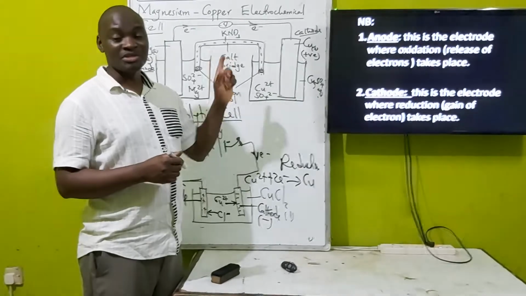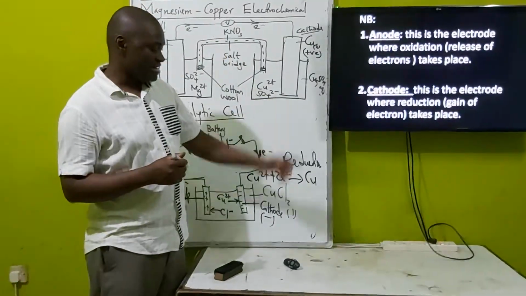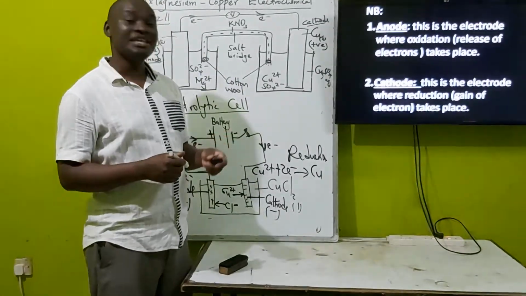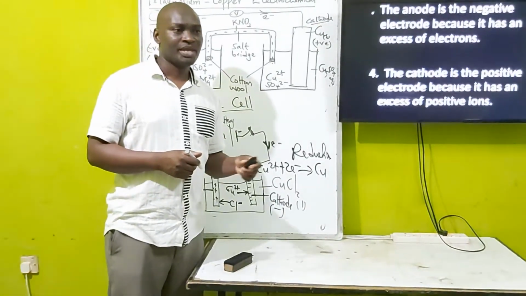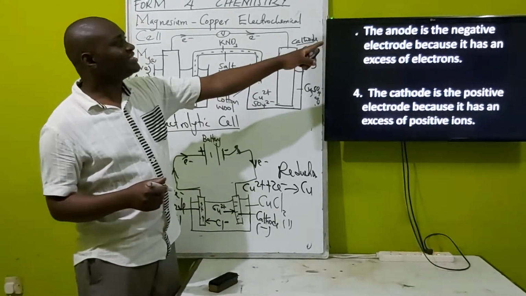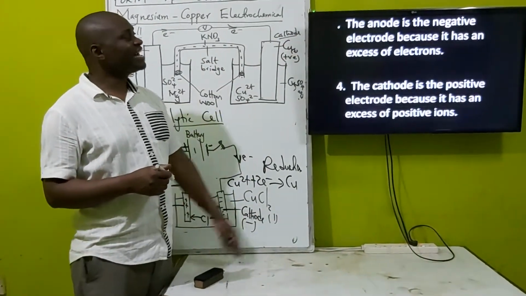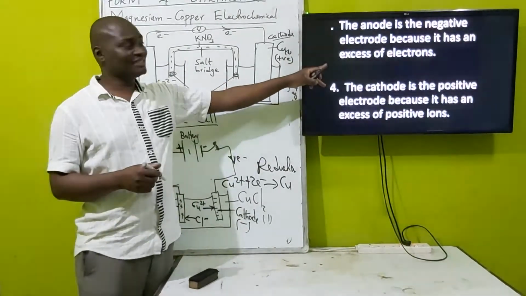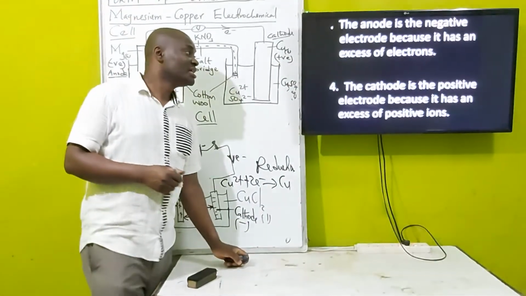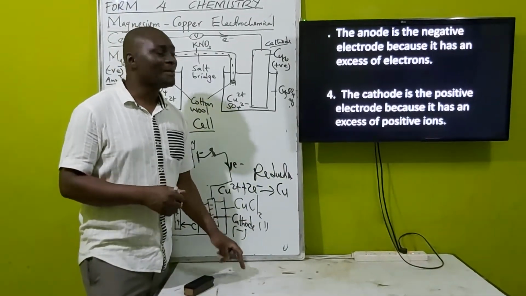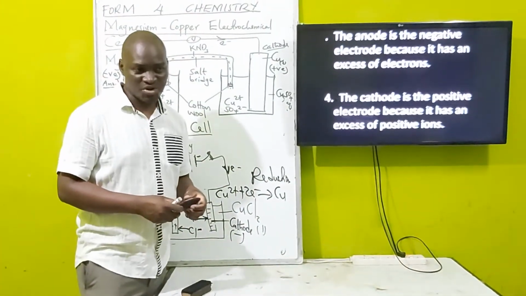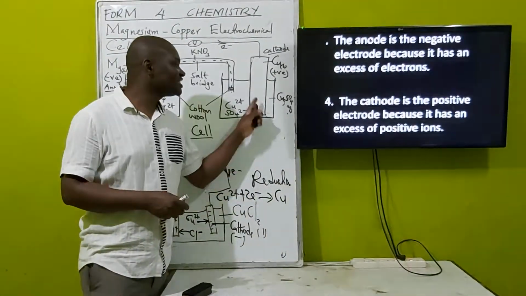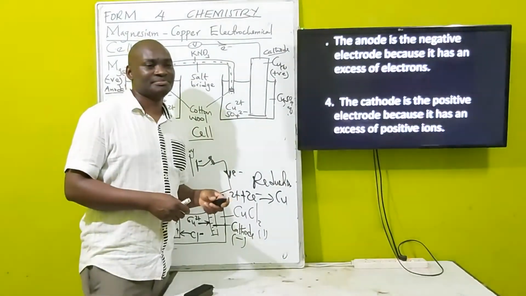So that is how you are supposed to define anode and cathode as from today. Forget the one that you were given in Form 2. And then the anode is the negative electrode because it has an excess of electrons. The cathode is the positive electrode because it has an excess of positive ions.